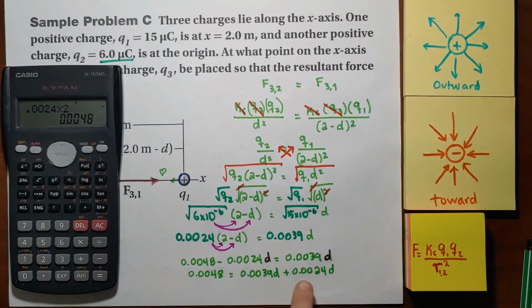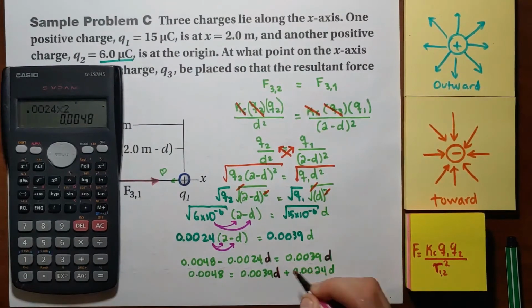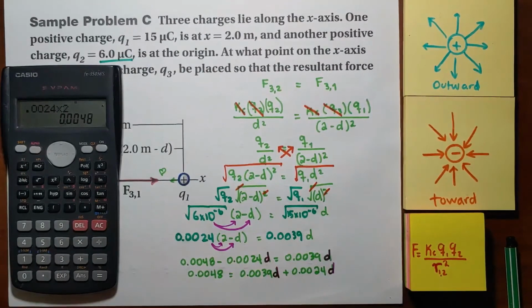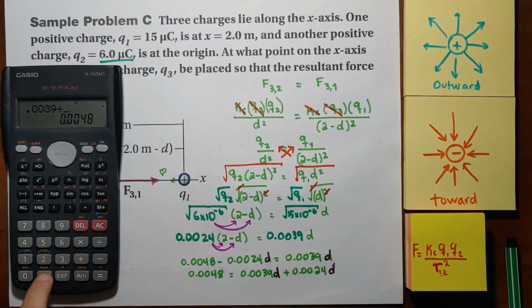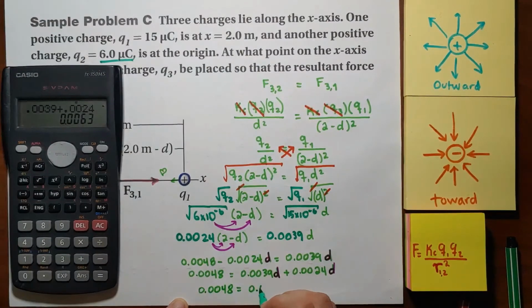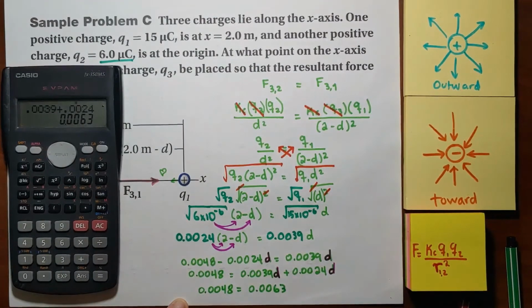Because they have the same variable d, that means we can add them, because they have a common factor. So you add them, 0.0039 plus 0.0024 gives me 0.0063. So 0.0048 on this side equals 0.0063d.